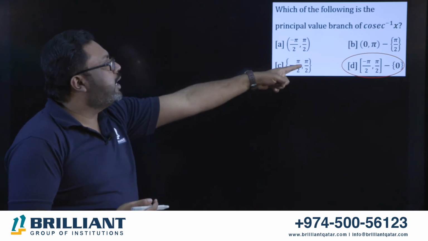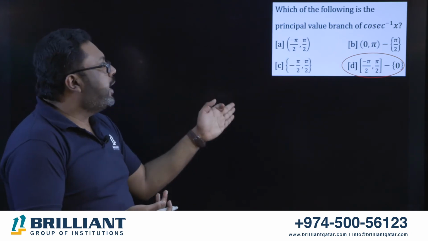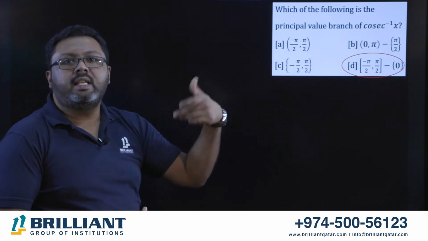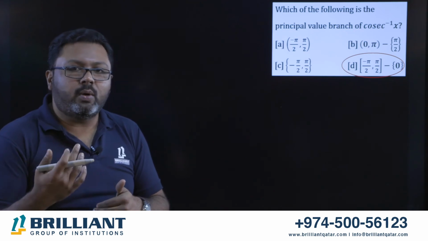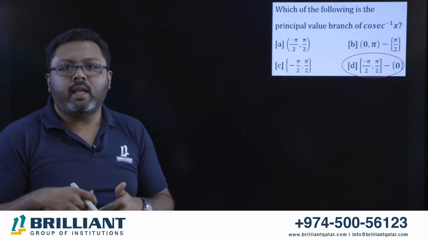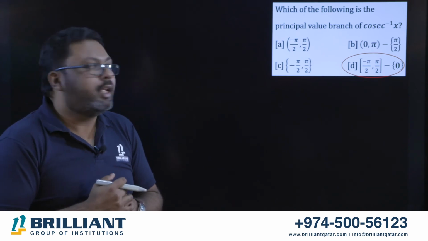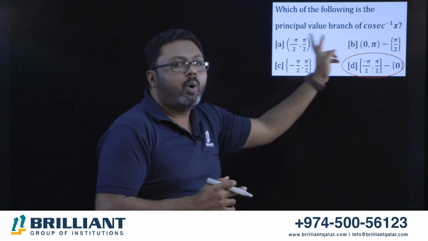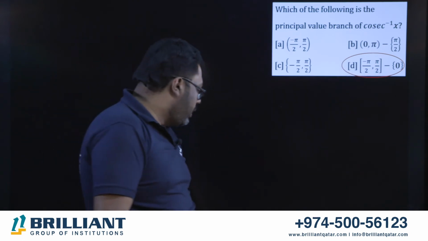This is the principal value branch of cosec inverse x. Got it? Minus pi by 2 to pi by 2 except 0, because cosec inverse of 0 is like 1 by sine of 0, and 1 by 0 is undefined. That is why, excluding 0, all the angles from minus pi by 2 to pi by 2. Okay, got it? Next question.